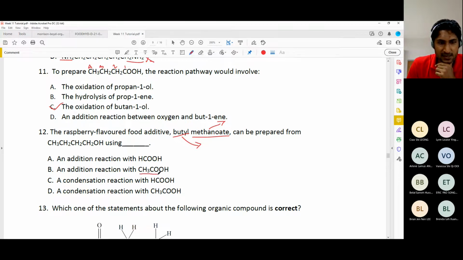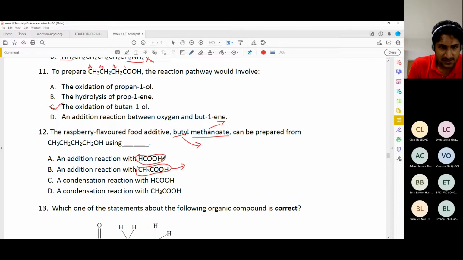We know this acid already; we have been working with CH3COOH. This is ethanoic acid, right? This is carboxylic acid or ethanoic acid. So this is not methanoic acid. This is the methanoic acid. Methane has only one carbon in the chain.